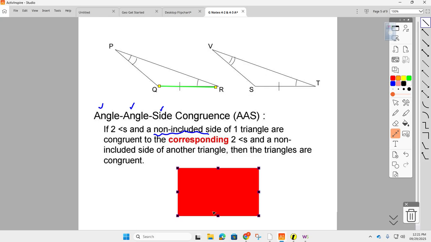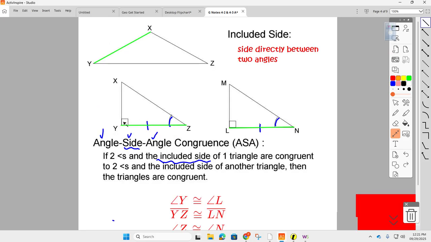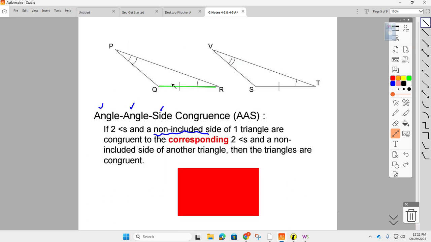Let's go back over here and let's look at it. So we said the included side connects the two angles that are congruent, right? So here, angle Y and angle L are congruent, angle Z and angle N are congruent, and we know the sides are congruent. Our side that's included connects the two angles that are congruent, right? So looking here, does this side that's congruent connect our two angles that are congruent?